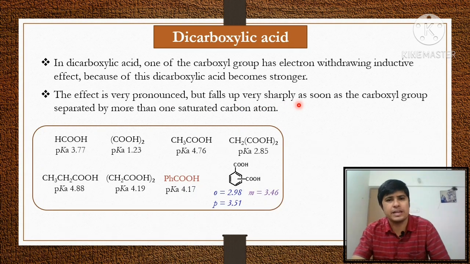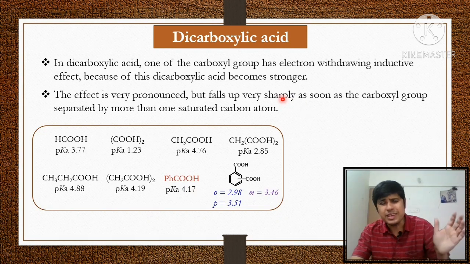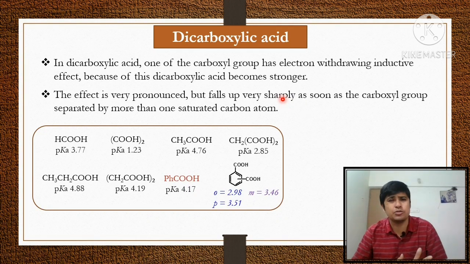The strength of acidity should get increased, and that effect is more pronounced, but falls off very sharply as soon as the carboxyl groups are separated by more than one saturated carbon atom.